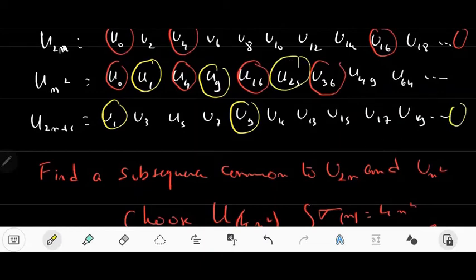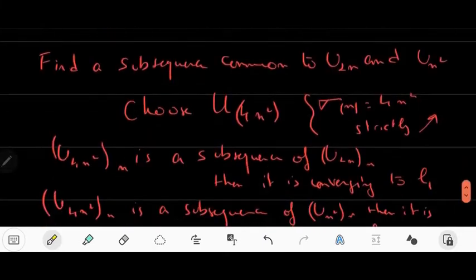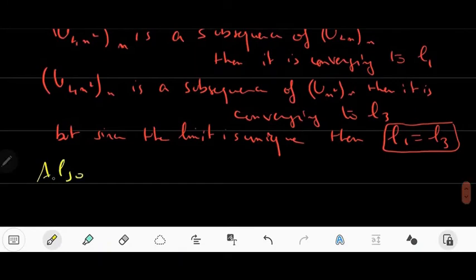Okay, what's the relation that defines this sequence 1, 9, 25, etc.? So also choose u_{(2n+1)²}. So choosing this relation, let's see, for n equal 0 it's equal to 1 squared, so 1. For n equal 1 it's 2 plus 1, which is 3 squared, 9, so it's u9 now. For n equal 2 it's equal to 5 squared, so it's u25, etc. This is the good relation.